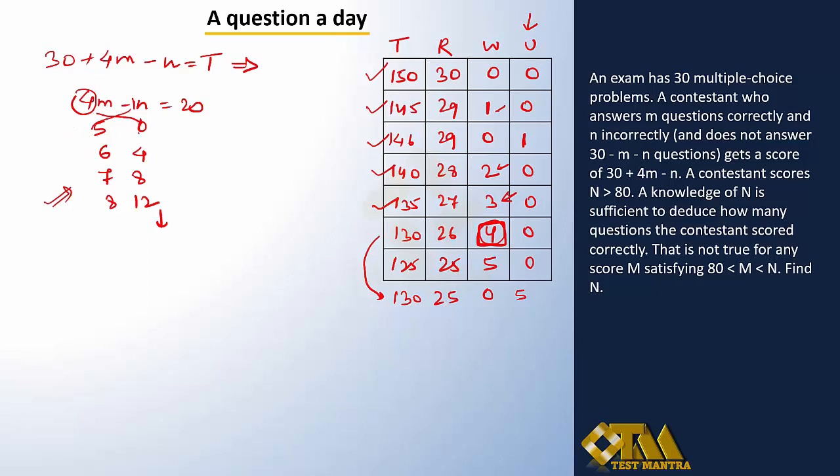For that you can identify here also, right? I am increasing my right attempt, at the same time I am increasing my wrong attempts also in this case, right? So here if I want a score of 20 for the time being, so I can get 20 with 5 right and 0 wrong, or else 6 right, 4 wrong, 7 right, 8 wrong.